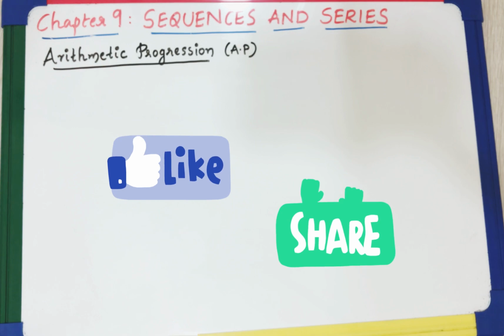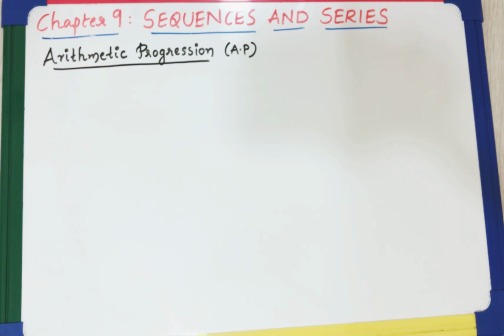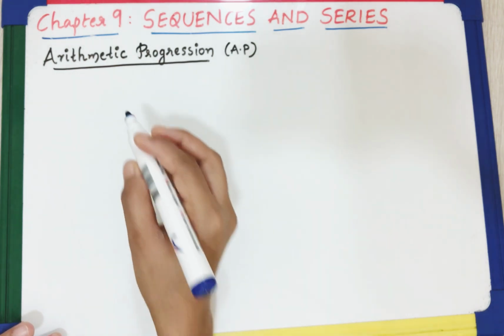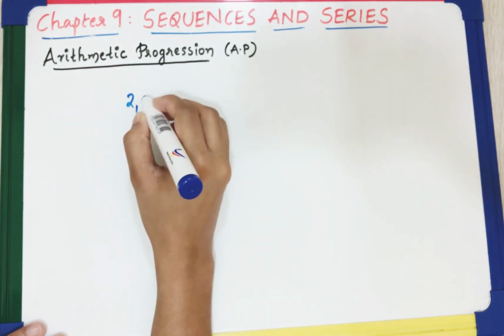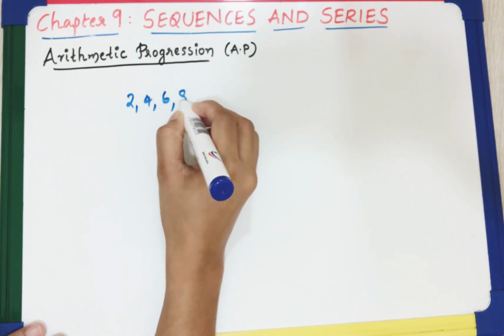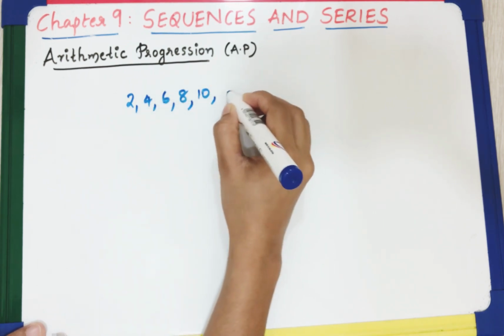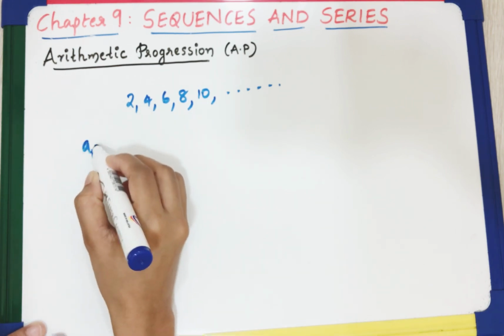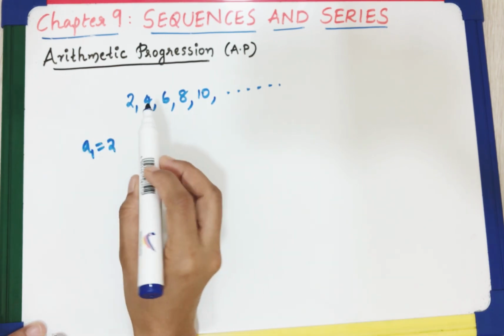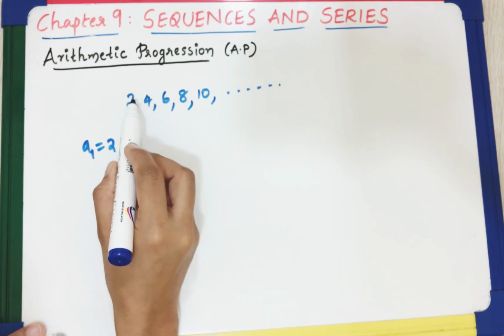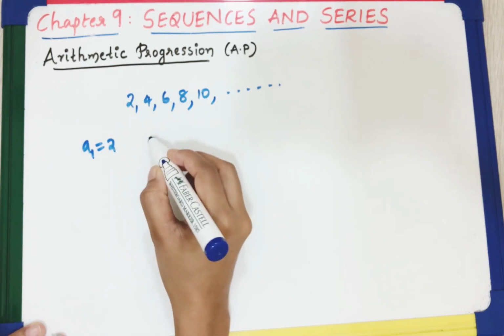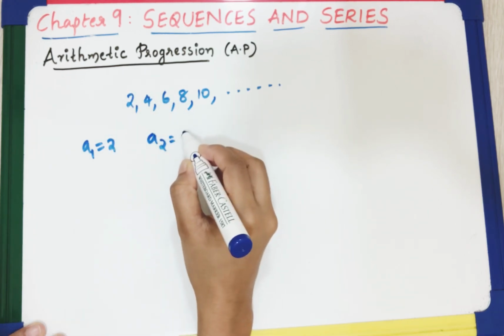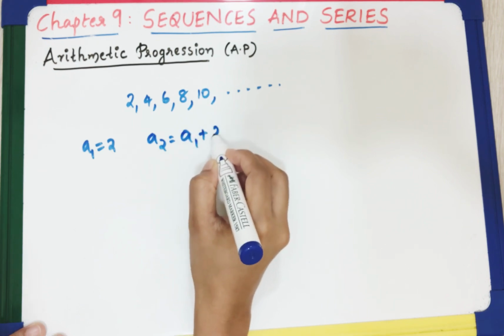You already studied arithmetic progression in 10th standard. Consider a sequence of even natural numbers, say 2, 4, 6, 8, 10, etc. Here the first term a1 is equal to 2, and the second term 4 is obtained by adding 2 to the first term, or a2 is equal to a1 plus 2.